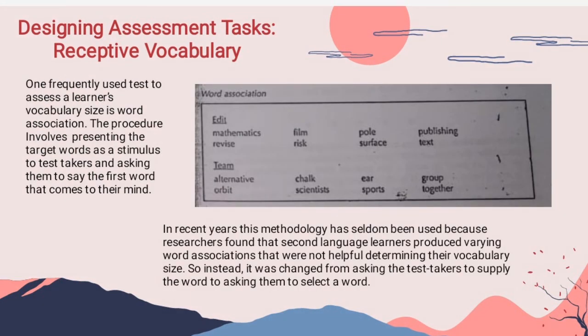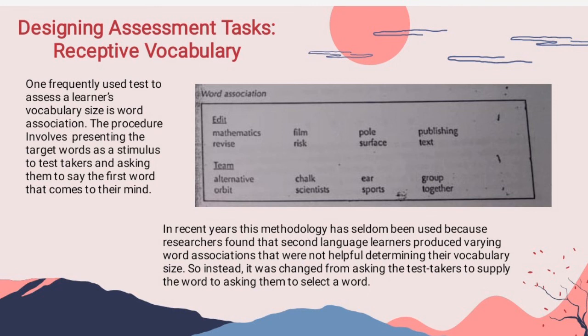One frequently used test to assess a learner's vocabulary size is word association. The procedure involves presenting the target words as a stimulus to test takers and asking them to say the first word that comes to their mind.